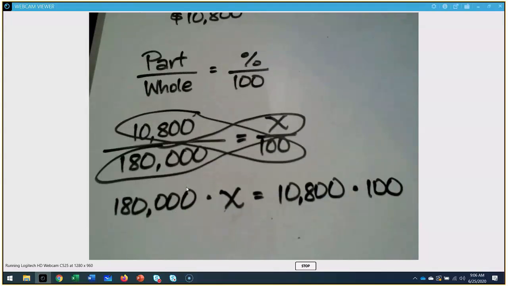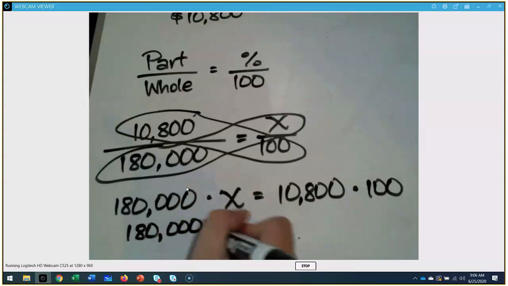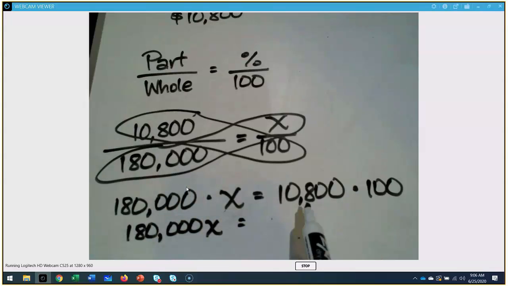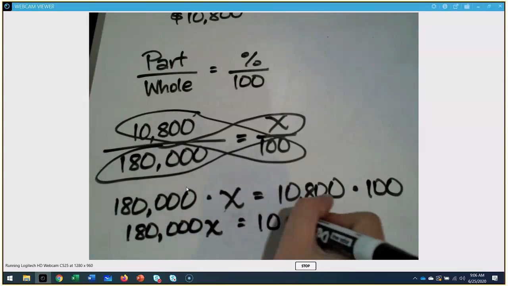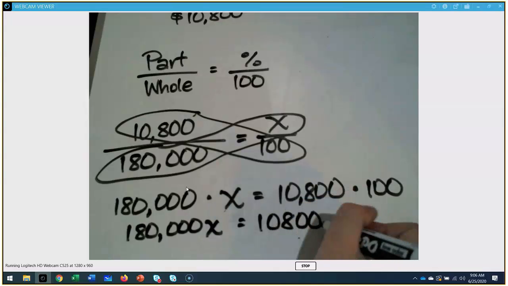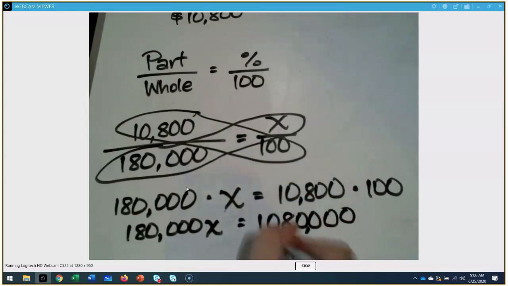Okay, so here's my setup. Now I will try to clean it up a little bit. So this is going to be 180,000 X equals, and then this is going to be this giant thing. You multiply those 2 together, you're going to have 1, 2, 3, 4 zeros on the end there.